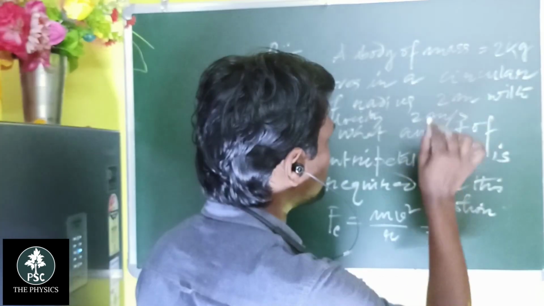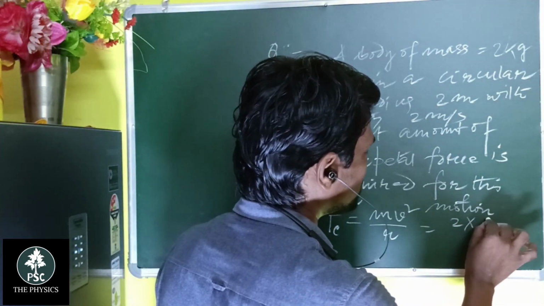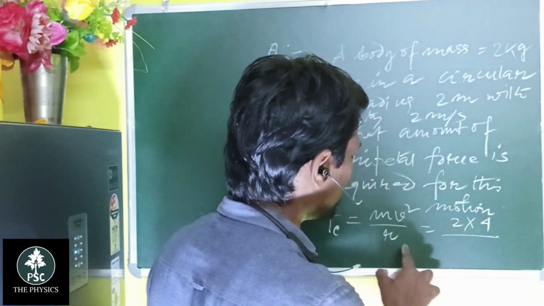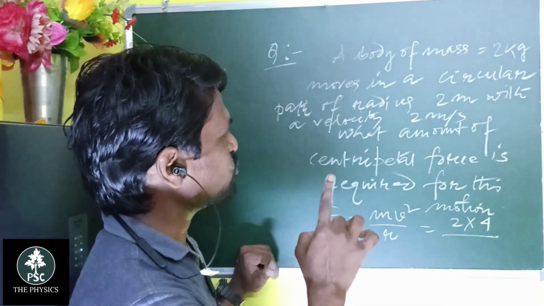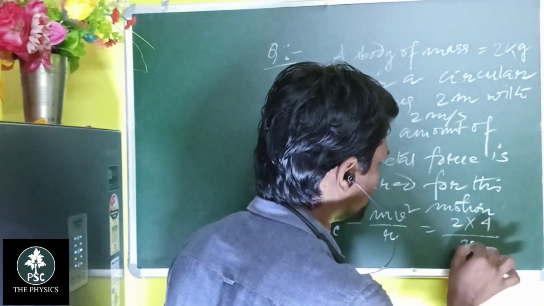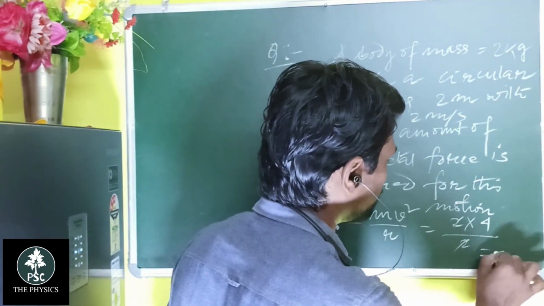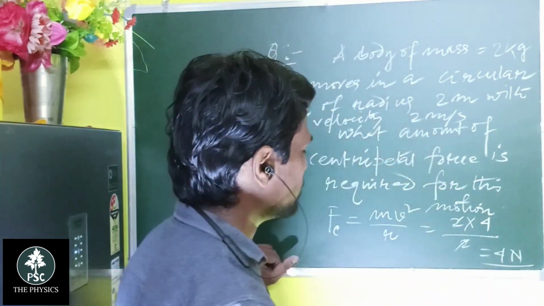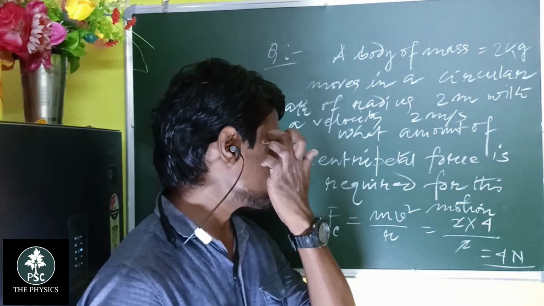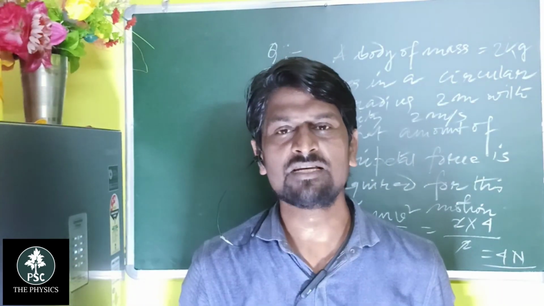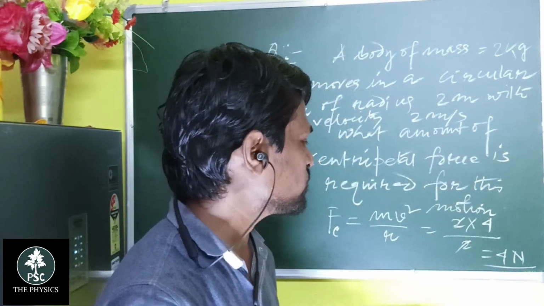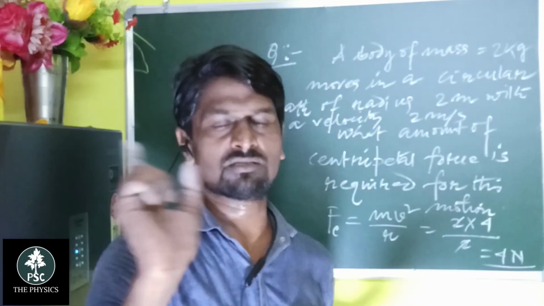So the mass is 2 kg and the velocity is 2, so 2 times 4, and the radius is also 2 meter. So 2 cancels and we get 4. What is the unit of force? This is Newton. So 4 Newton force, and it may be a string force. So 4 Newton force is required to move the body in a circular path.